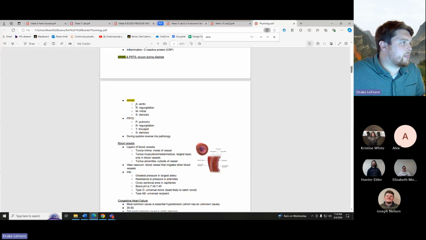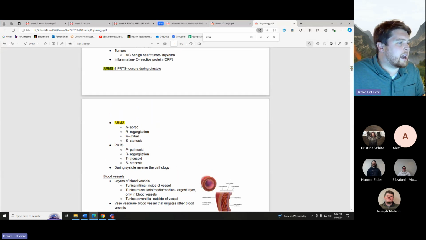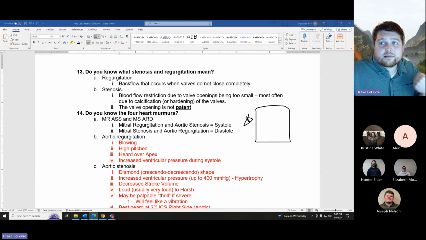So this is arms and parts occurs during diastole. So aortic regurgitation, mitral stenosis, pulmonary regurgitation, tricuspid stenosis. Or you could just remember during diastole, semilunar regurgitation, AV stenosis, and it's opposite for systole. Personally, I think it's better to remember that way because it's less to remember.